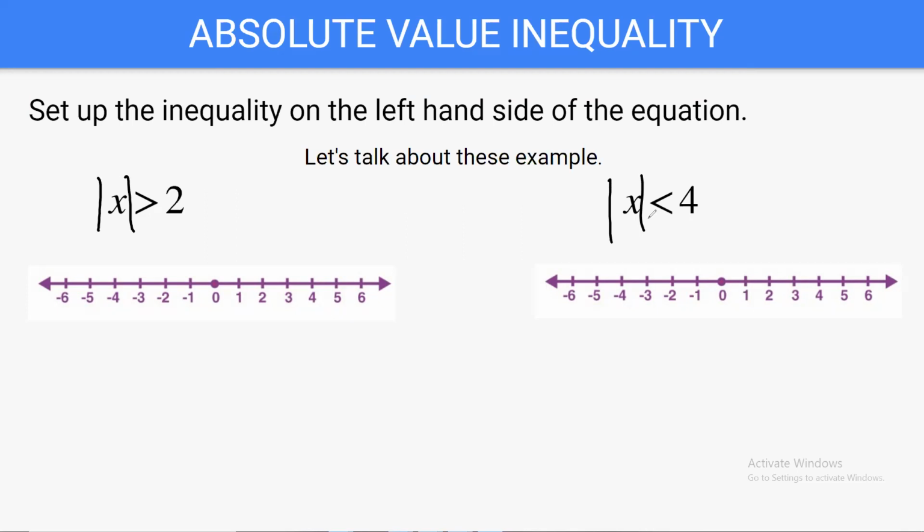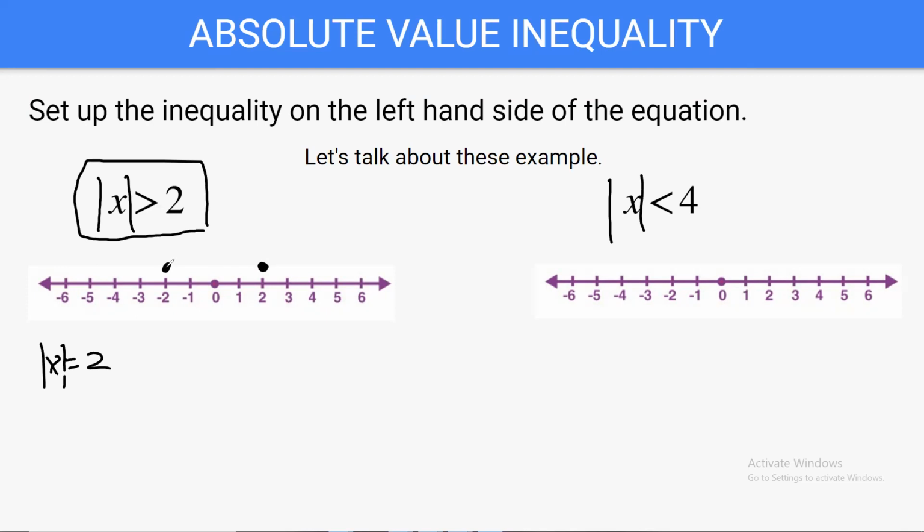My first step, class, is to try and graph absolute value of x is equal to 2. Okay, where is that? Where is x equal to 2? Absolute value of x. At 2 and -2, right? But now if you think about it, just use your brain and think, I want distances away from 0 that are greater than 2.